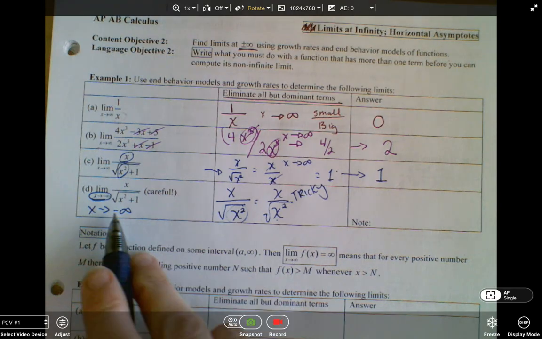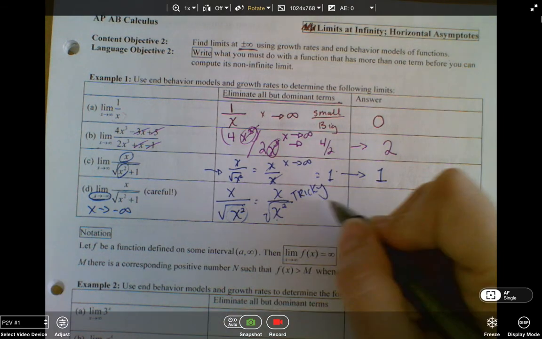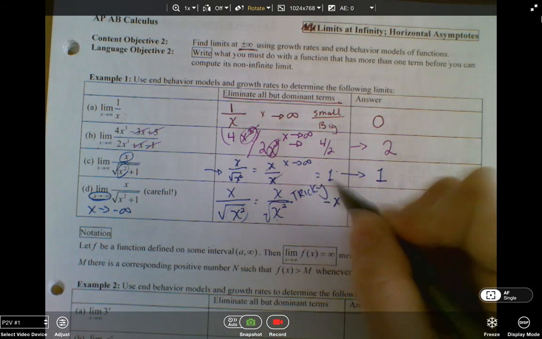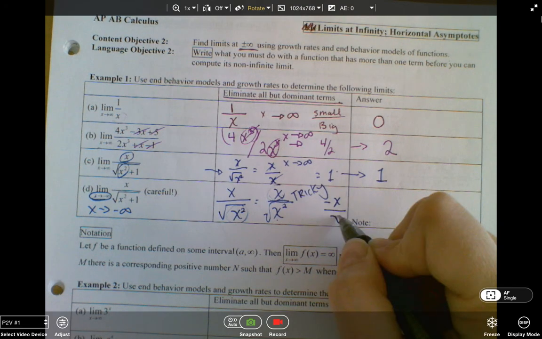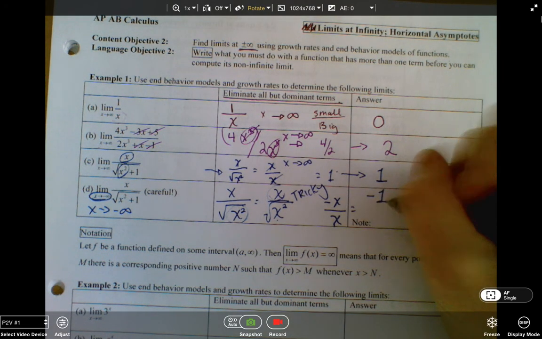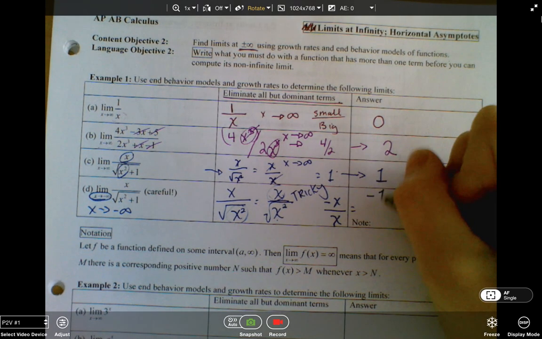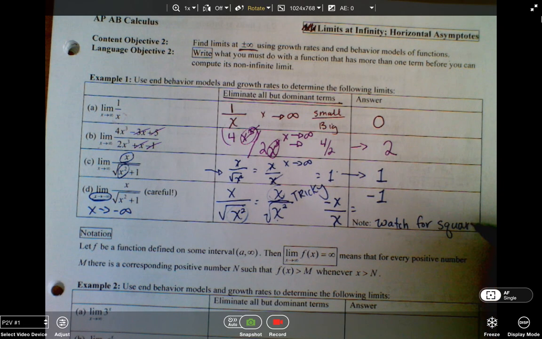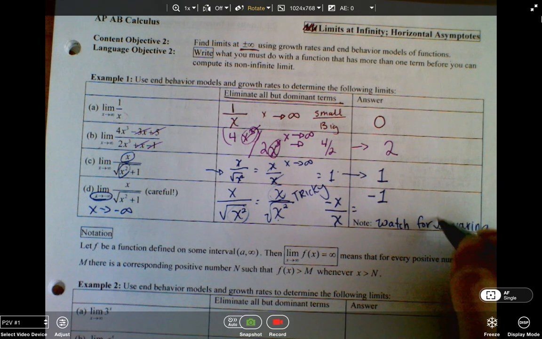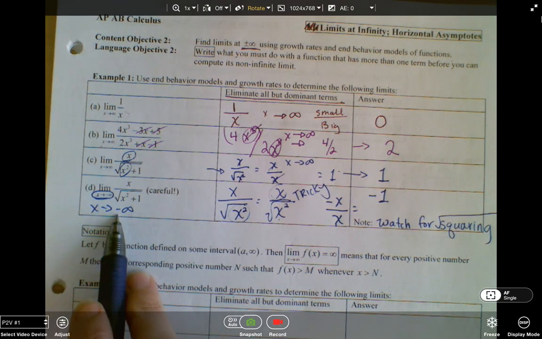So negative infinity squared gives you positive infinity square rooted. So you're going to end up with a negative x from this guy, plugging in negative infinity, over positive infinity, which is not 1, but instead negative 1. So our note here would be to watch for squaring followed by square rooting, because that'll negate some of those negative symbols. Okay, so watch out for that.